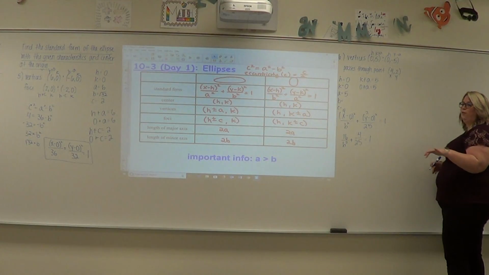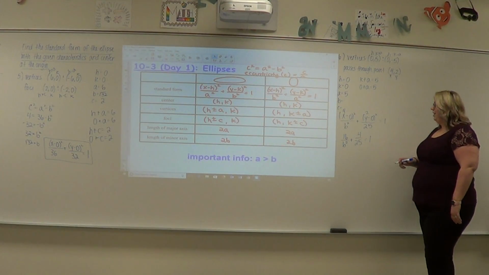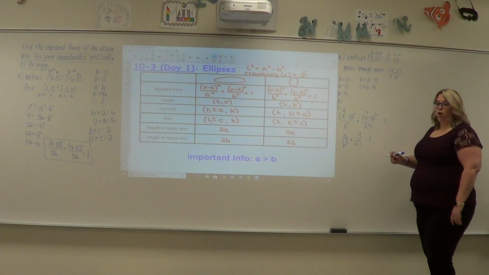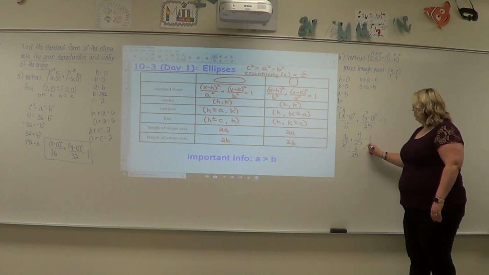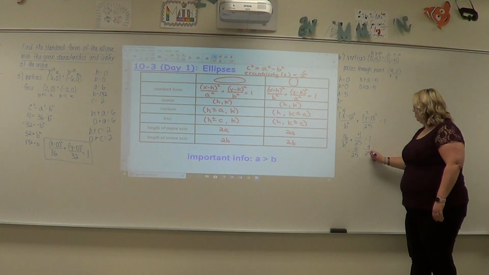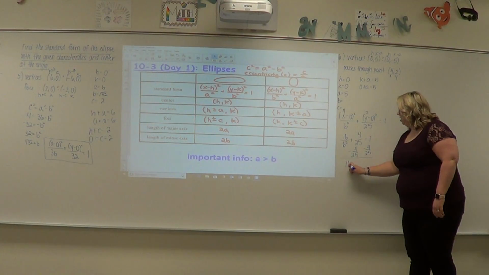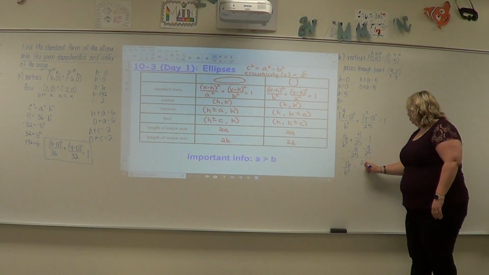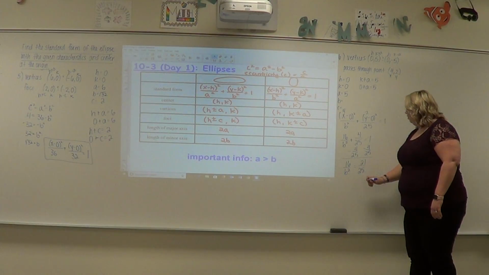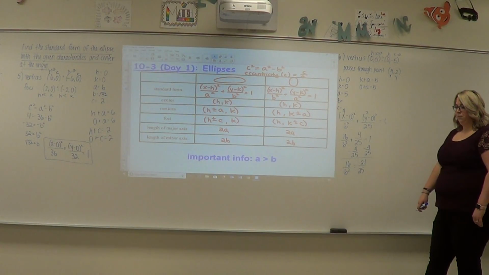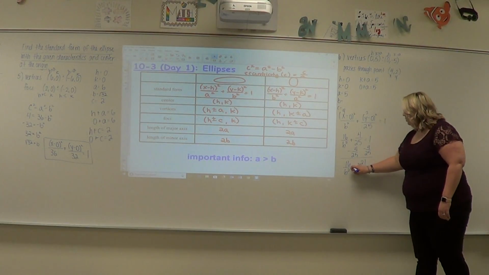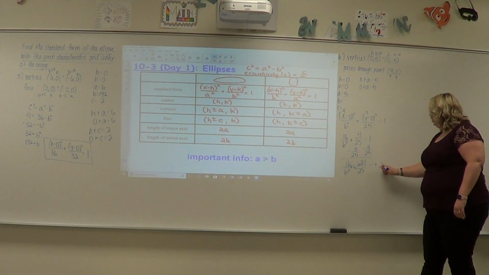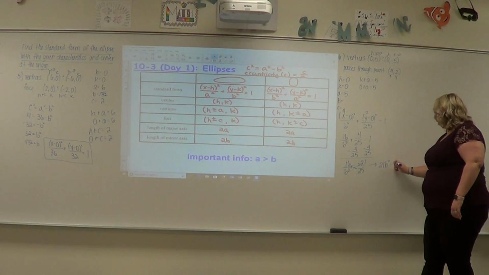To solve for B, I would subtract 4/25. So I have 16 over B squared equals 21 over 25. Is everybody okay if I cross multiply? So I would have 21B squared equals 400.